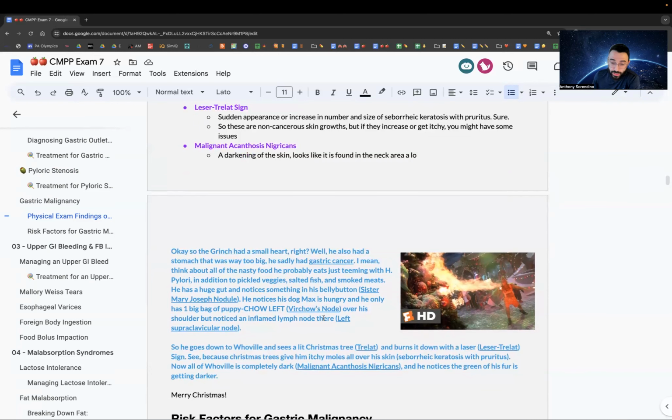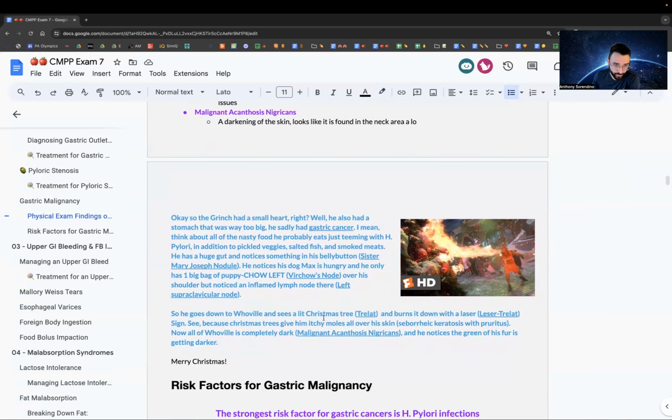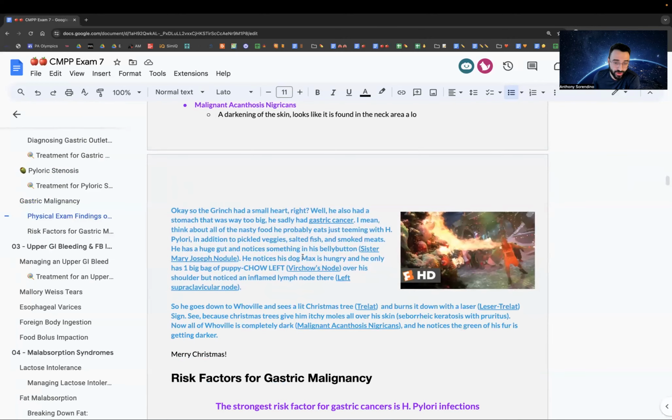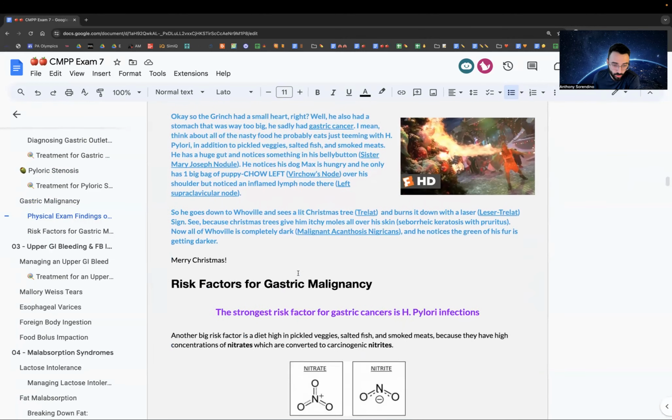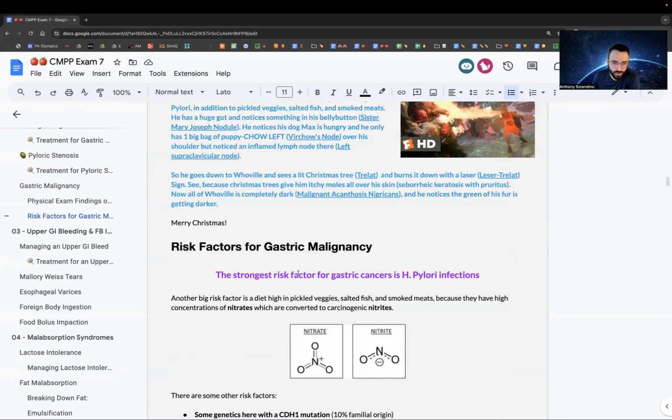Okay, here's my crazy mnemonic for this. So the Grinch had a small heart, right? Well, he also had a stomach that was way too big. He sadly had gastric cancer. I mean, think about all the nasty food he probably eats, just teeming with H. pylori. And I think we learn about this later.